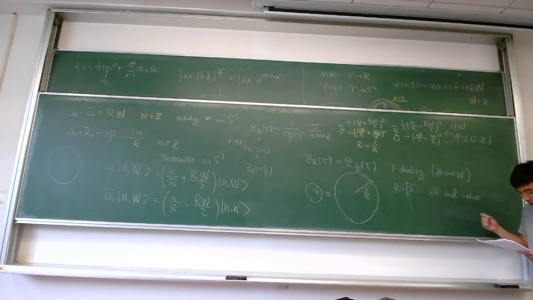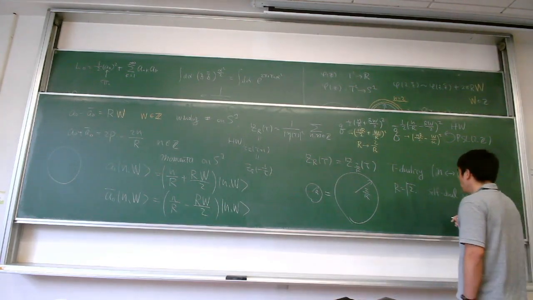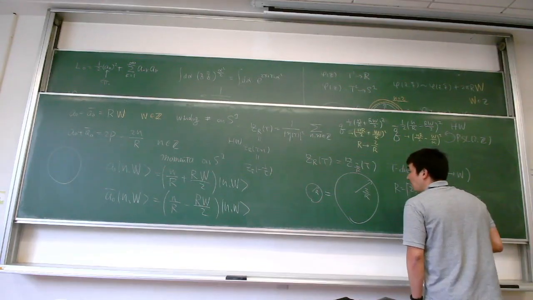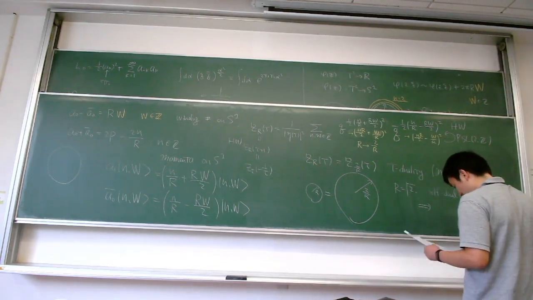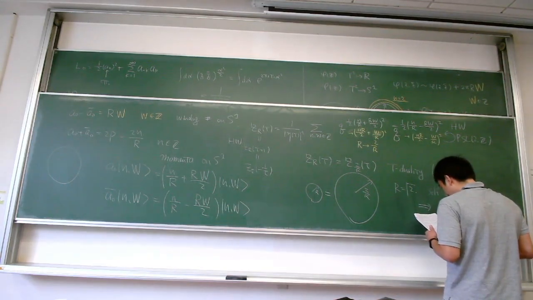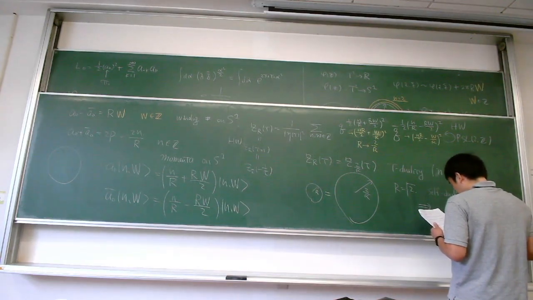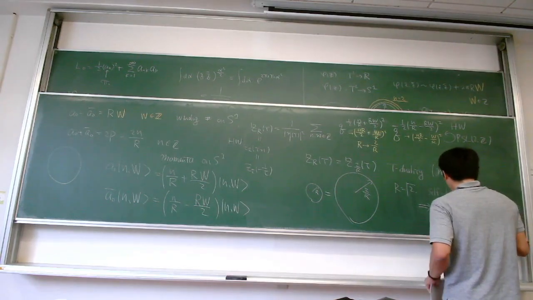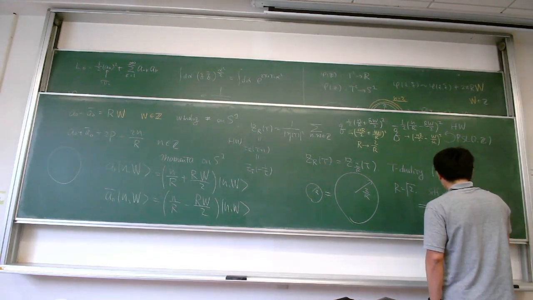So this is the self-dual radius. Something special happens, a symmetry enhancement.